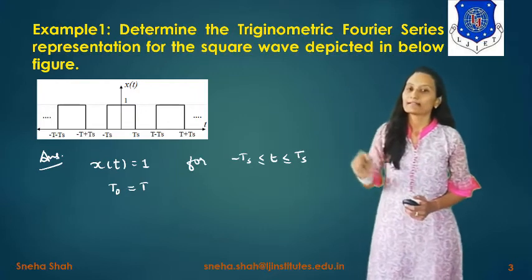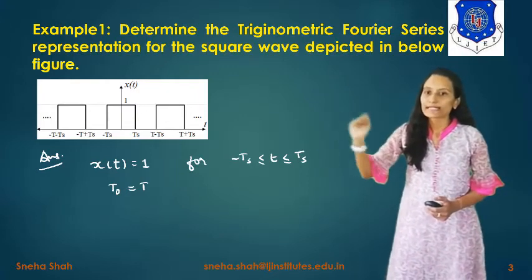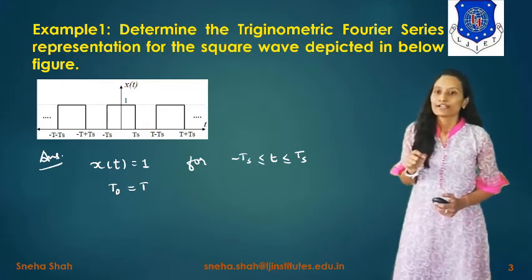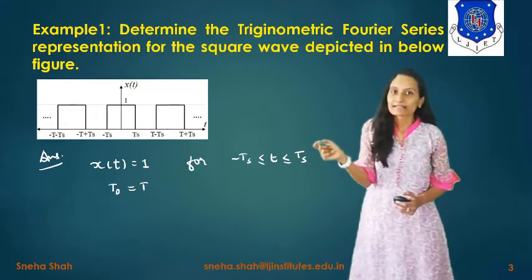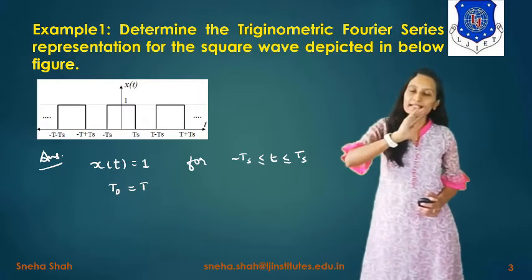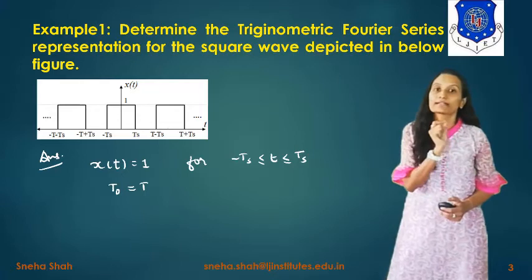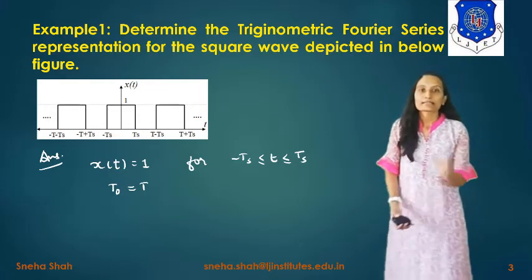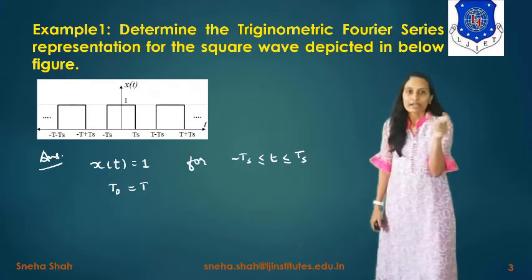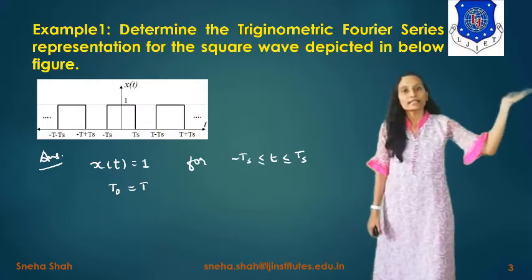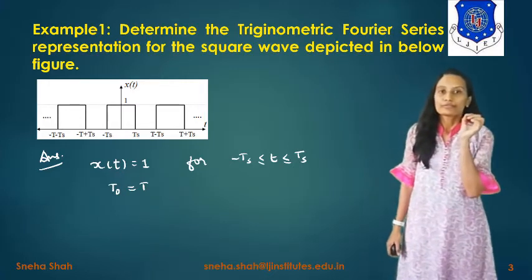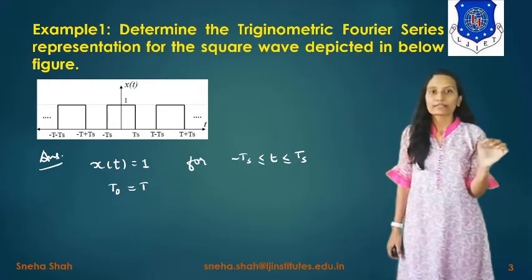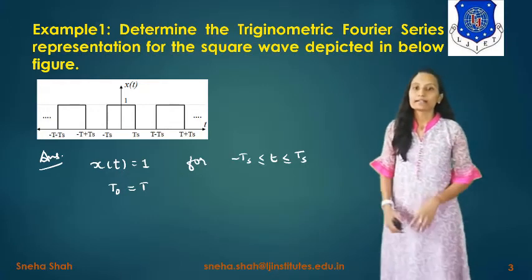The next square starts with T minus Ts. So after minus Ts, the next square starts with T minus Ts, right? It means that after addition of capital T, it repeats. So we can say that the fundamental duration t0 equals capital T.